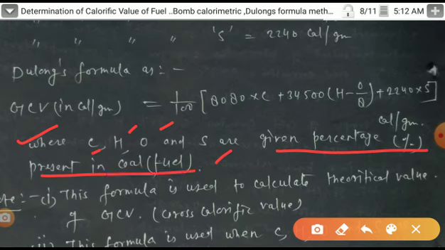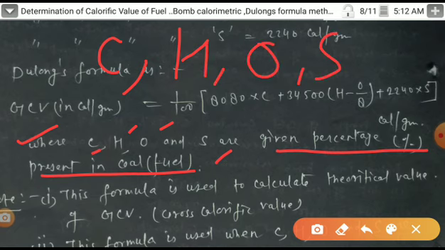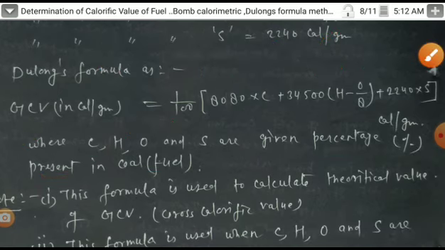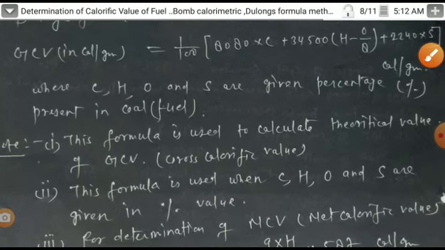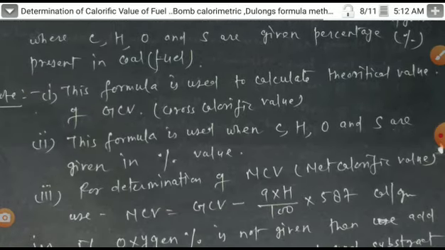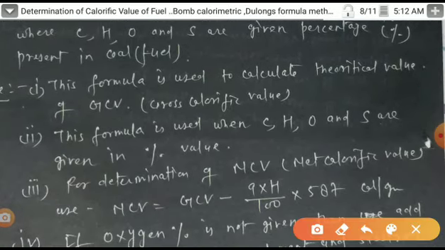It is clear. When the percentage value of any particular element, which will be carbon, hydrogen, oxygen or sulfur, is given, then you can simply calculate the calorific value of a fuel using the formula, that is the Dulong's method formula. So it is an important formula, students. This formula is used to calculate the theoretical value of GCV.